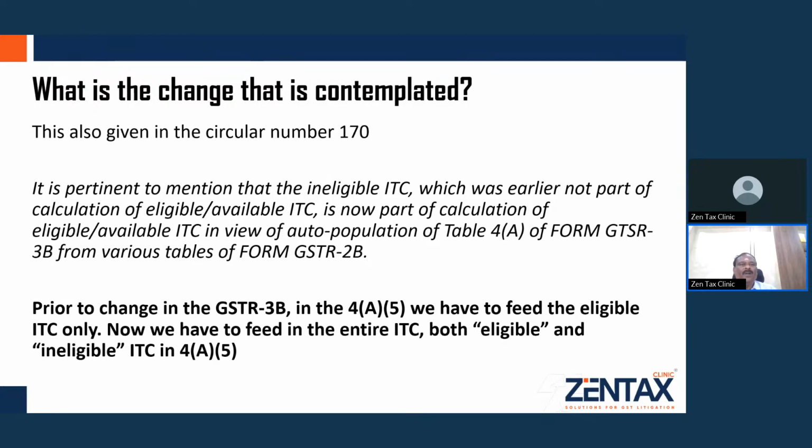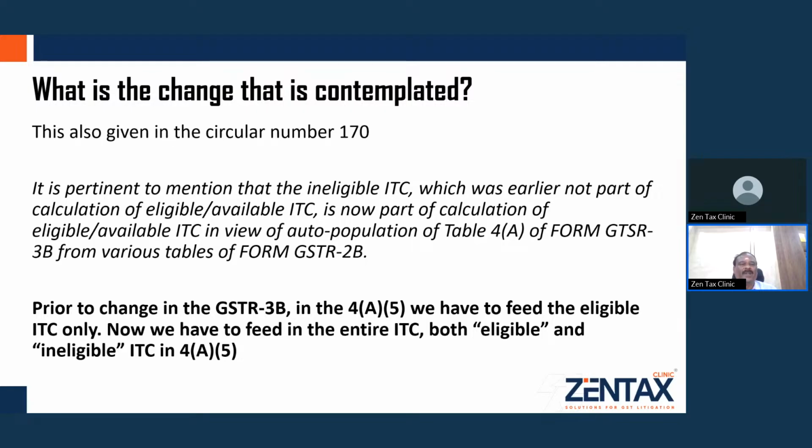So what is the change? What is the change that is contemplated? Again, I am putting the exact words from the circular, because most of us do not go through the circular in full.